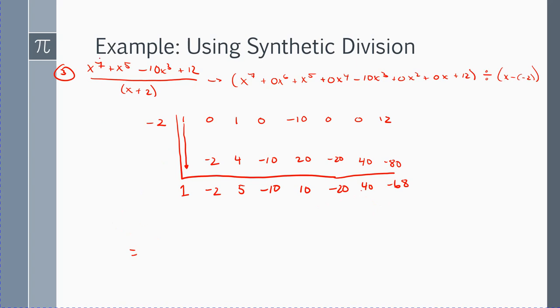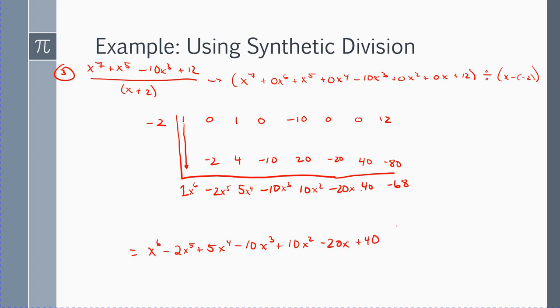So what did we start with? We started with an x to the 7th, so this is x to the 6th, x to the 5th, x to the 4th, x cubed, x squared, x, and then this is the constant and the remainder. So the solution is x to the 6th minus 2x to the 5th plus 5x to the 4th minus 10x cubed plus 10x squared minus 20x plus 40.